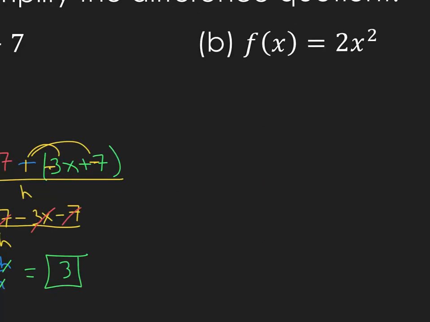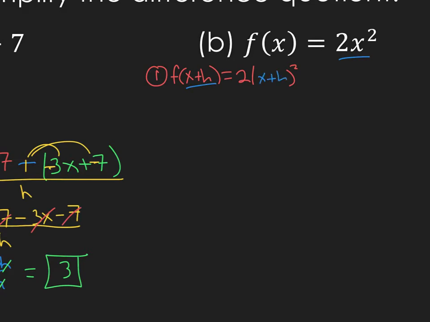We're going to do a similar process here with f of x equals 2x squared. Now, the first step is to find f of x plus h. Now, this one is a little different. Notice we'll have a 2, an empty parenthesis, and then a squared. And then we put all of x plus h in those parentheses.